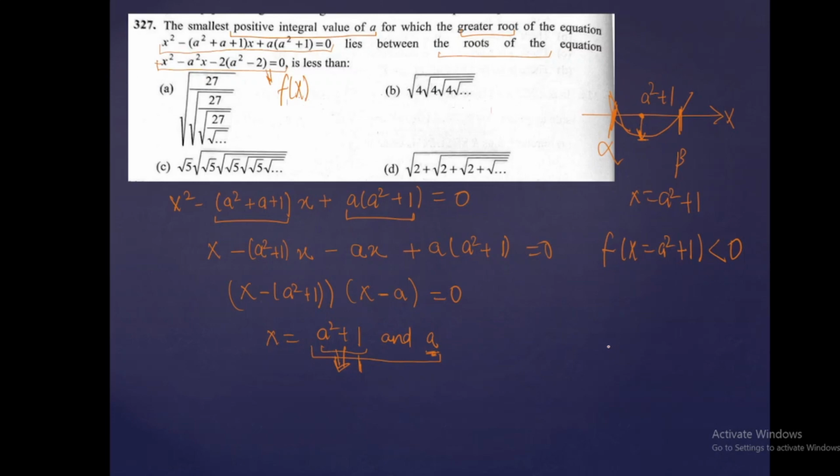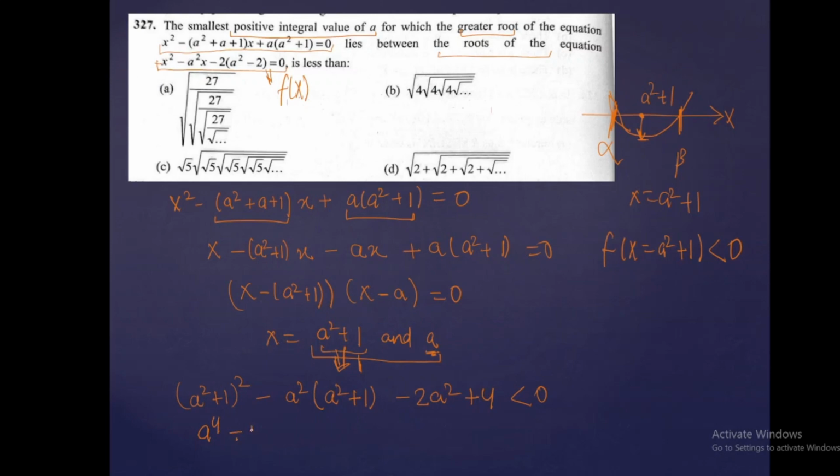So now let's do it. Putting x = a² + 1, we have a x² minus a² and here we have x minus 2a² plus 4, and this will be negative.